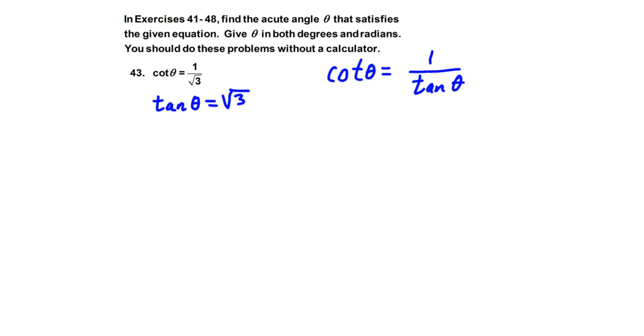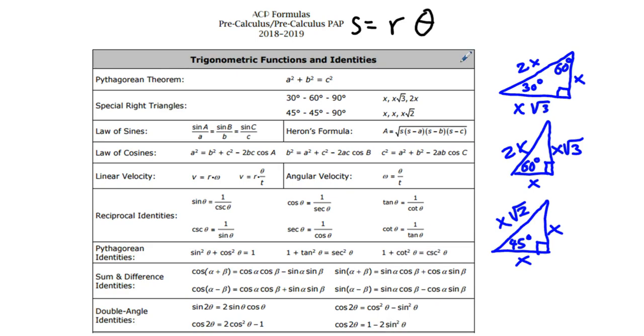So let's go look at our special right triangles. Where do we see square root of 3 in evidence? Well, we see it down here and also here. So it's going to be a 30-degree angle or 60-degree angle, either one. How do we get square root of 3? If we take the tangent of 60 degrees, that's going to be opposite over adjacent.